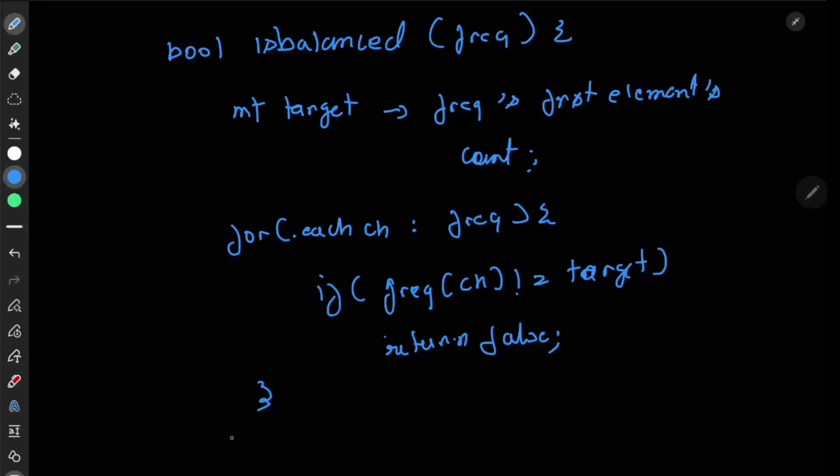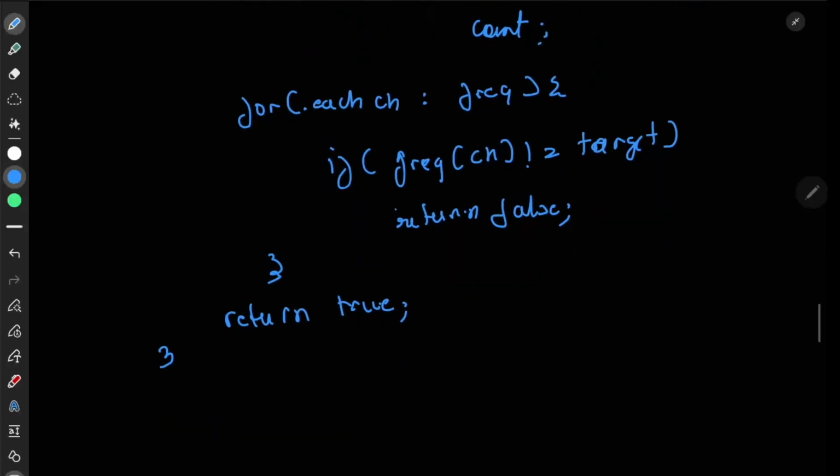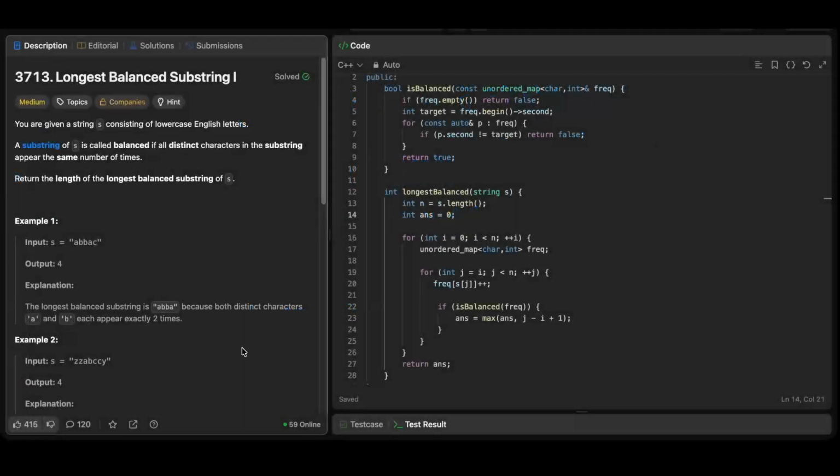Otherwise, isBalanced will return true. This way we have solved the problem in O(n squared), and I'll take you through the actual C++ code for this problem in just a second.